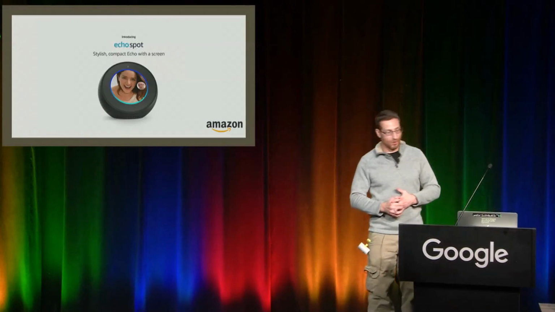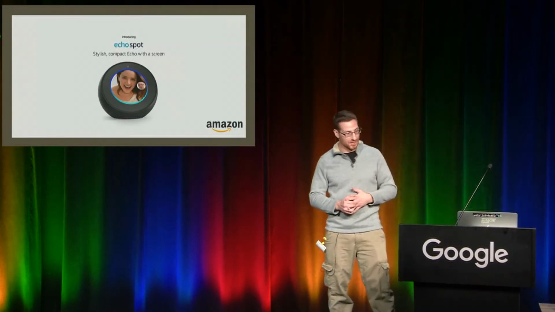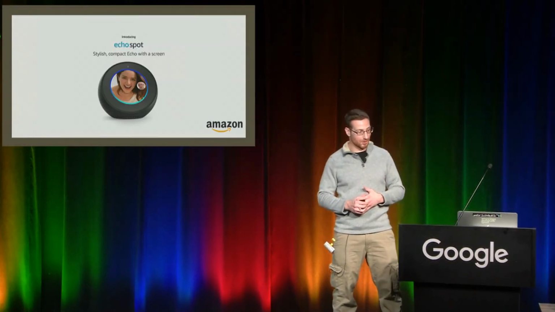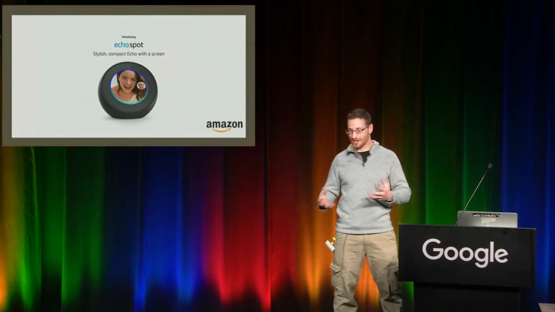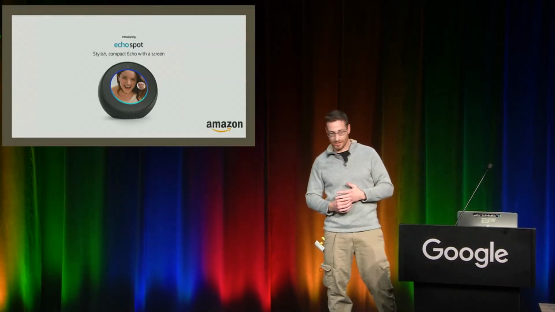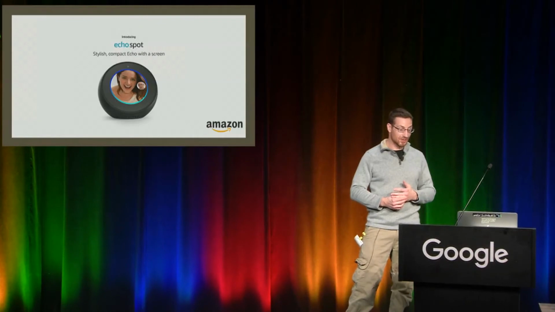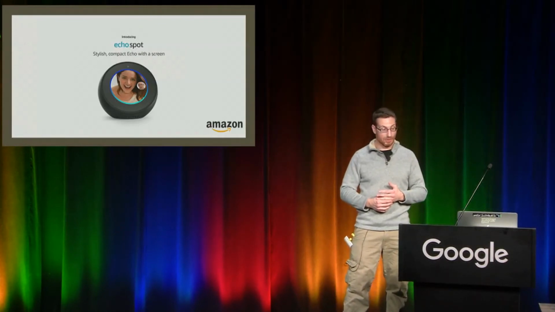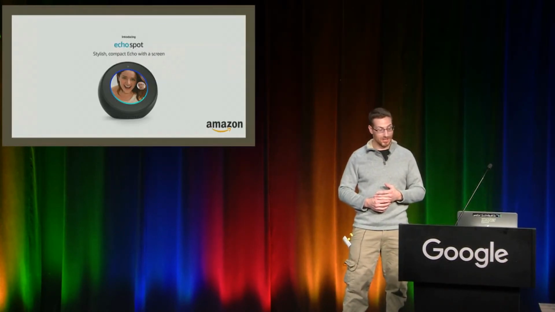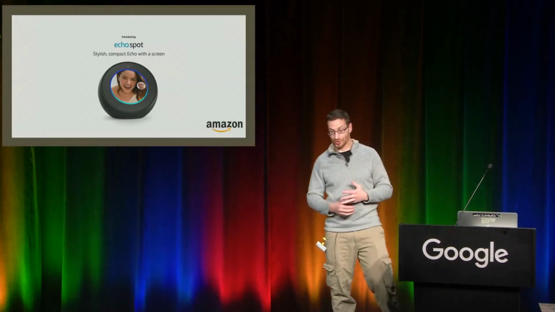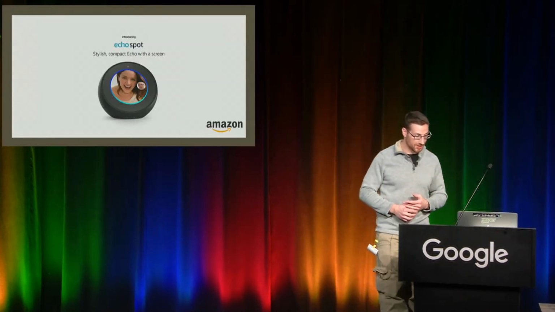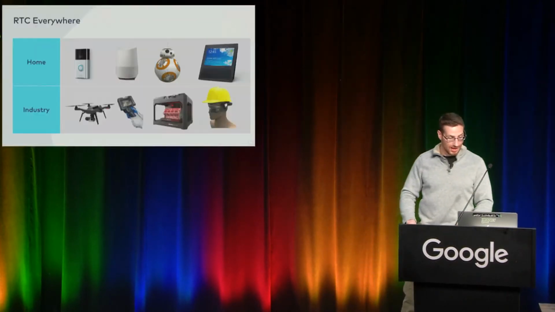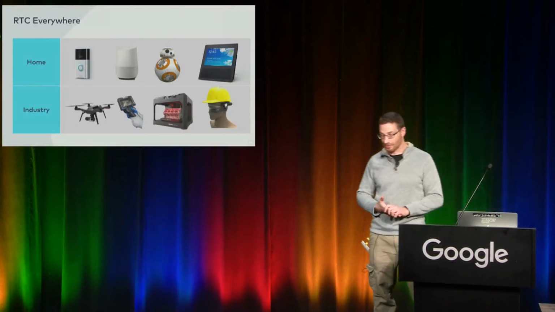And we're starting to see a lot more of this, going from just being used inside your smartphone and your computer to actually being used inside embedded devices, right? Amazon is actually one of the first big users of WebRTC, and they continue to be, and you see them putting real-time communication, streaming, calling into their devices like this Echo Spot. And really, this is just the beginning, right?